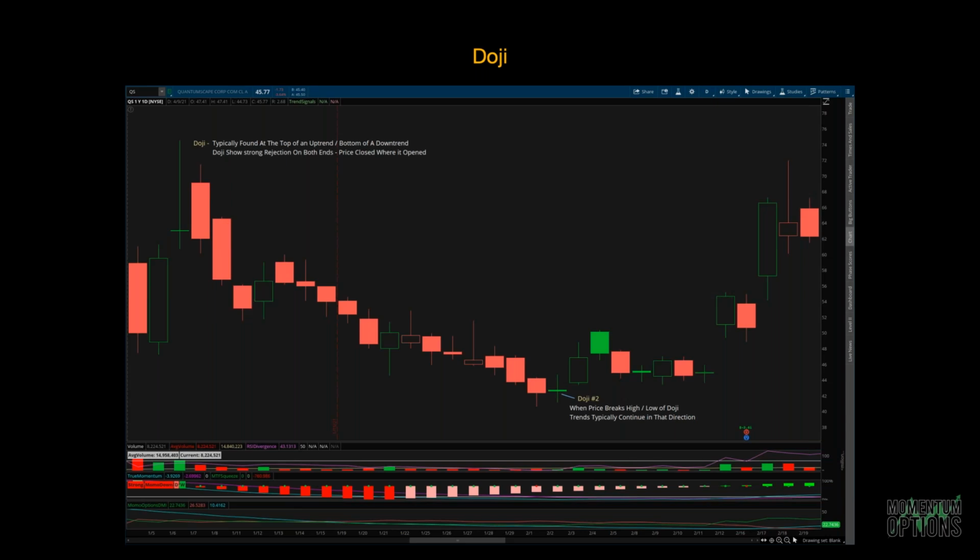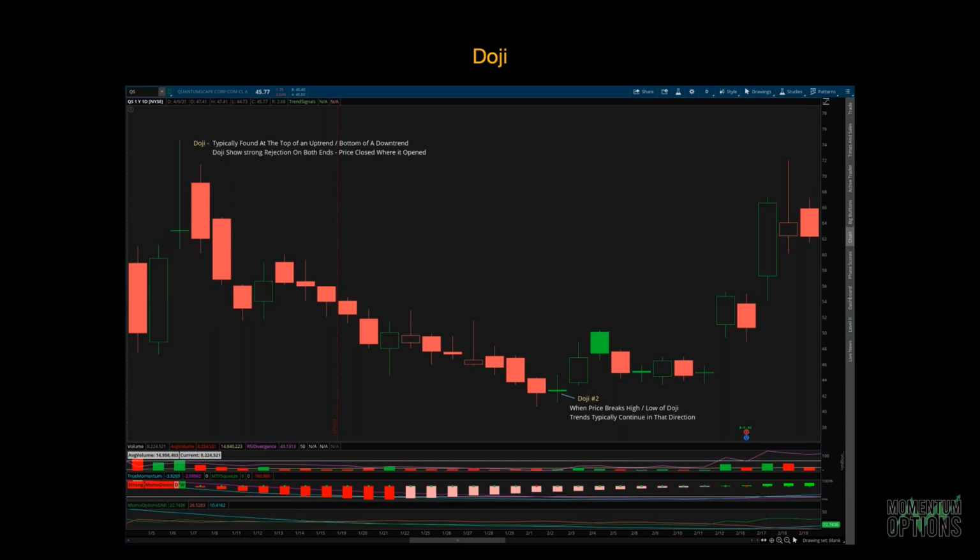So I just wanted to address the fact that when price breaks either the high or the low of that previous doji candle, trends typically continue in that direction. So even if you find that doji at the top of a trend, there could be that 1 out of 100 time. If price breaks above the high of the doji, the trend is likely going to continue. So really important. Want to make sure you guys are aware.